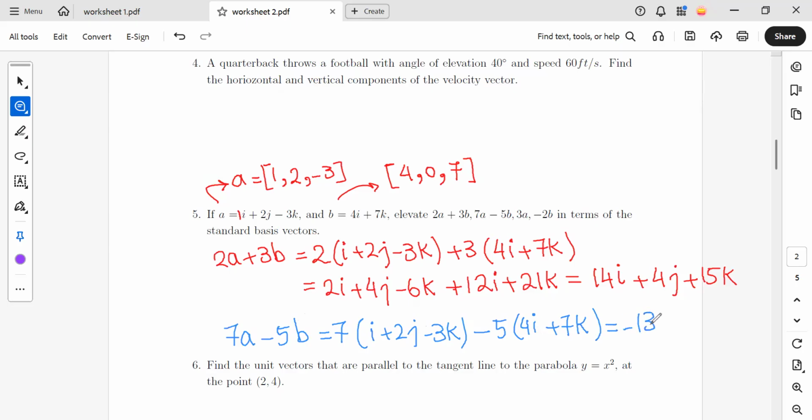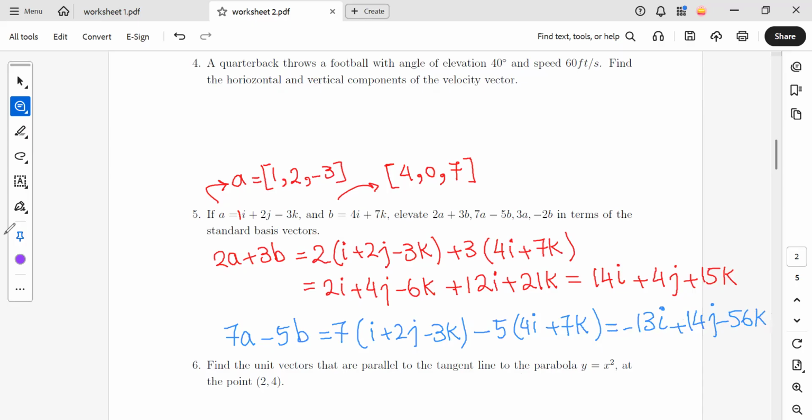It means negative 13i. Next part will be 14j here, because we don't have any j's here. And the coefficient of k would be negative 21 minus 35. That would be negative 56k.